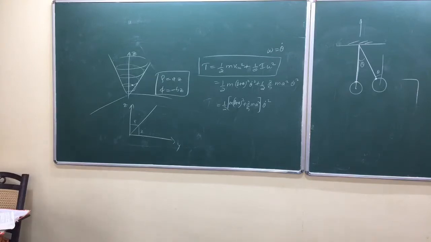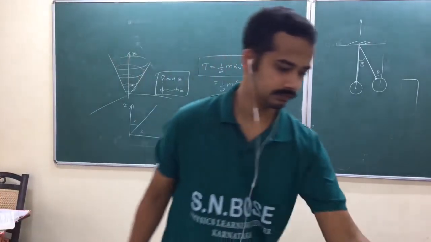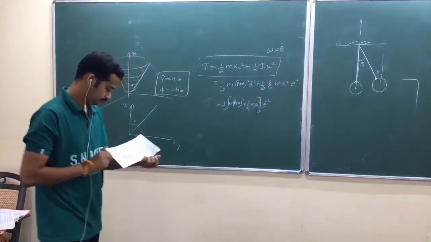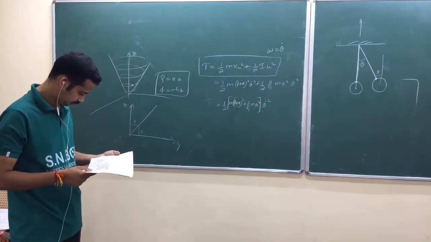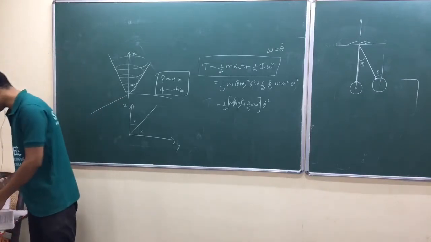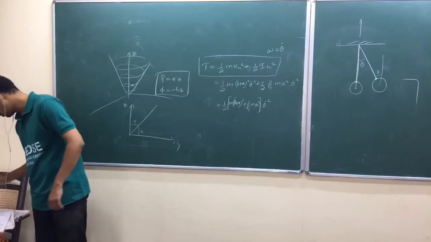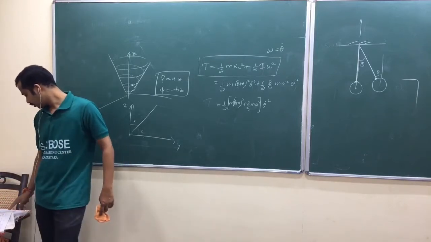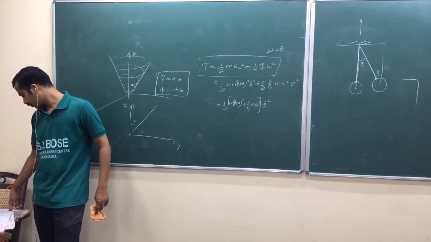A bead of mass m slides along a parabolic wire described by z is equal to 2x square plus y square.